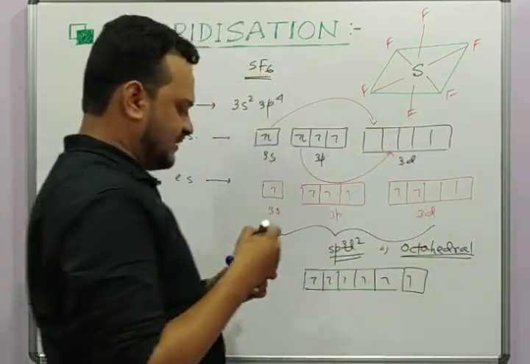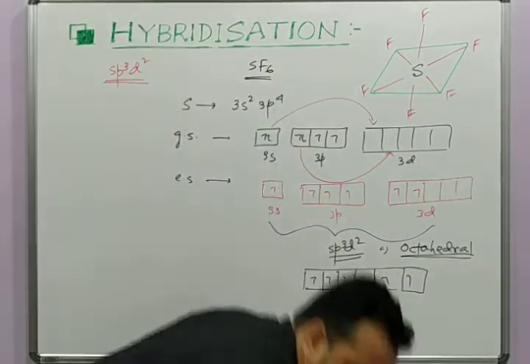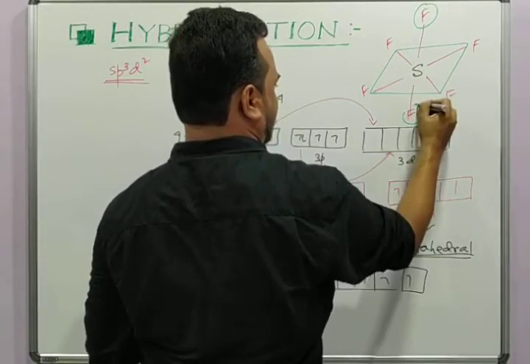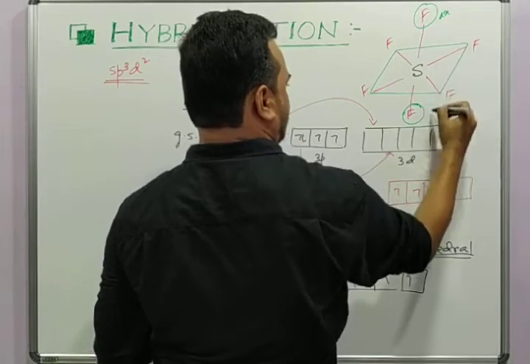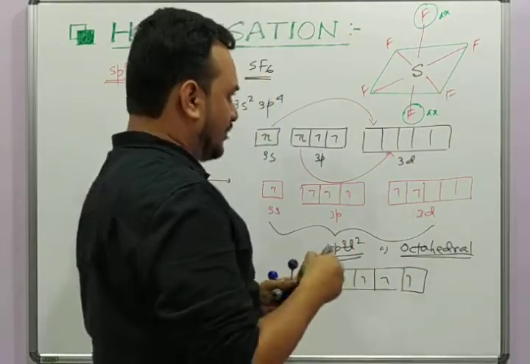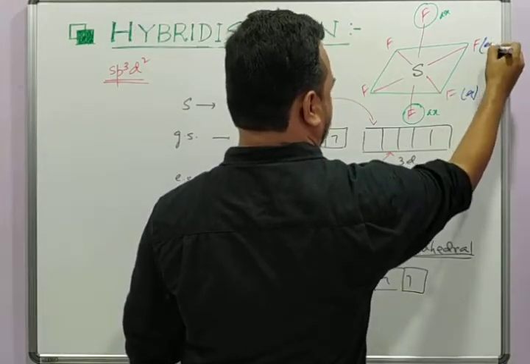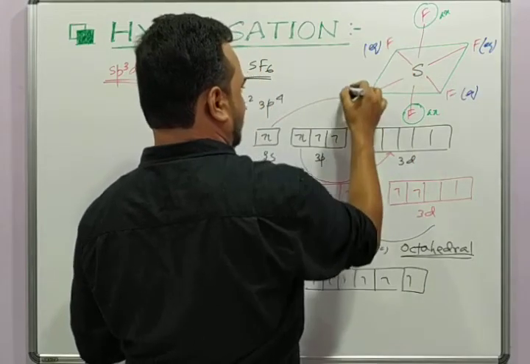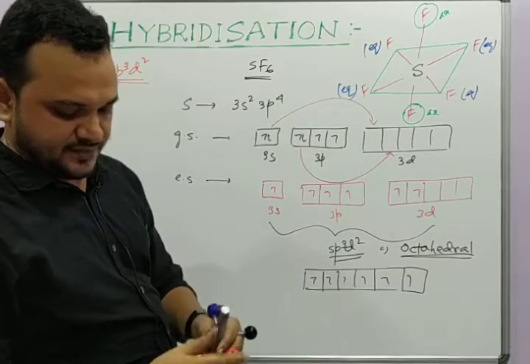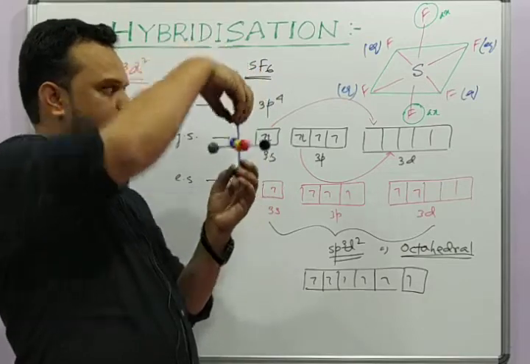So here again you may get confused that these 2 fluorines are axial and these 4 fluorines are equatorial, because just now you have seen axial and equatorial for sp3d, so it also looks like this, and you may call it square bipyramidal, right? Just like trigonal bipyramidal, you have a square plane here and 2 perpendicular.